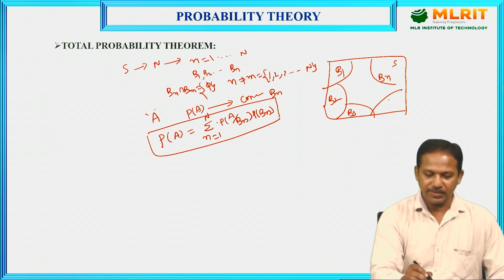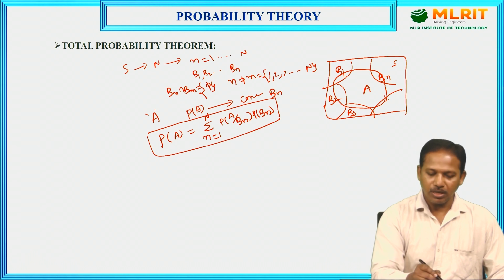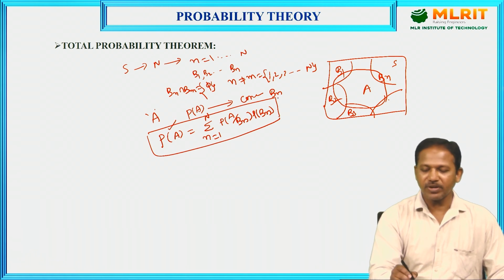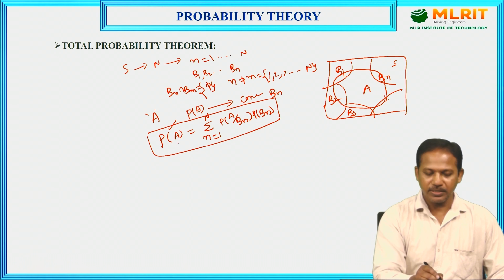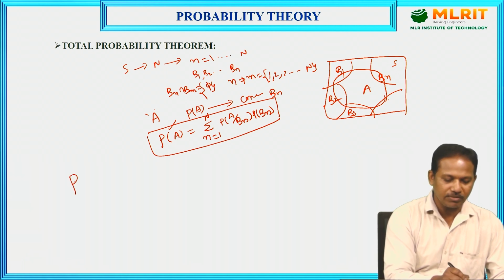Now event A is defined on this sample space. Now I want to find the probability of event A in terms of conditional probability, written as P of A equal to summation of n equal to 1 to n of P of A given Bn into P of Bn. Now we need to see the proof of this.